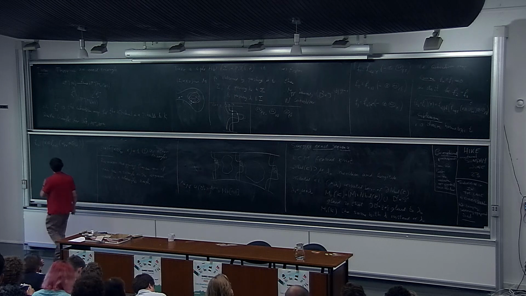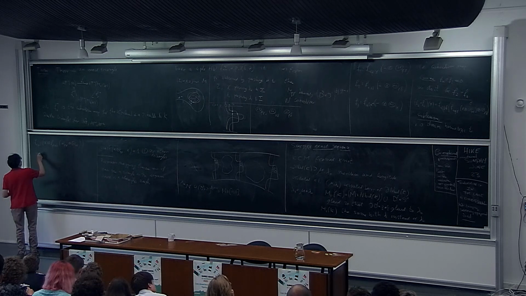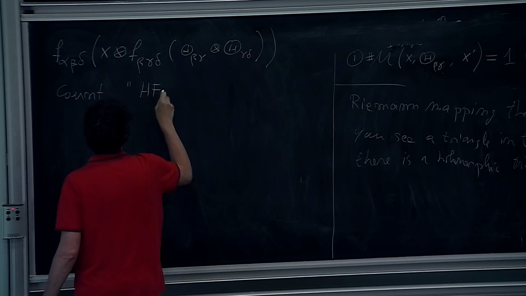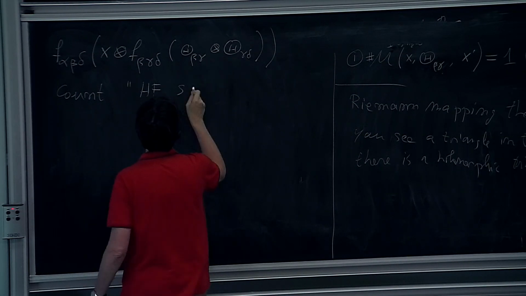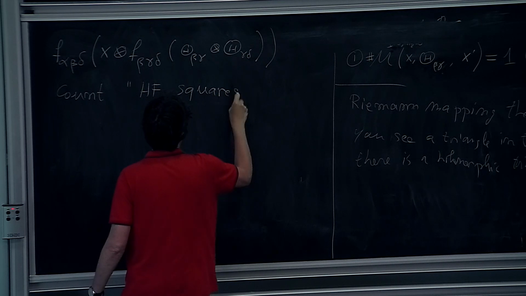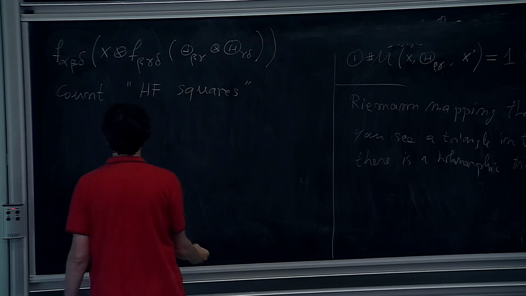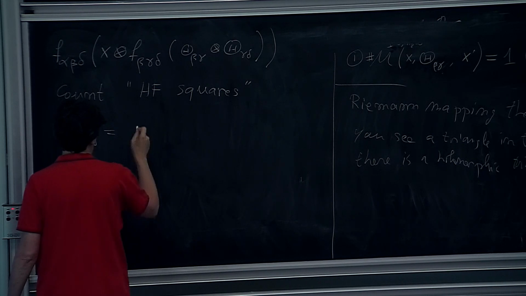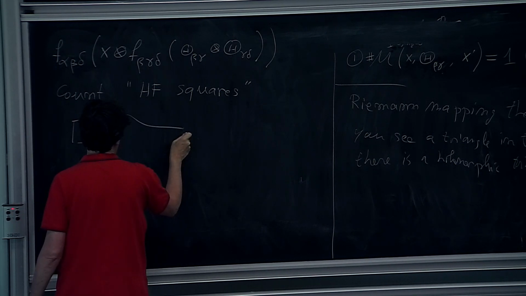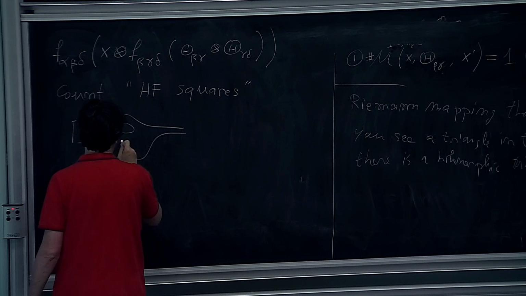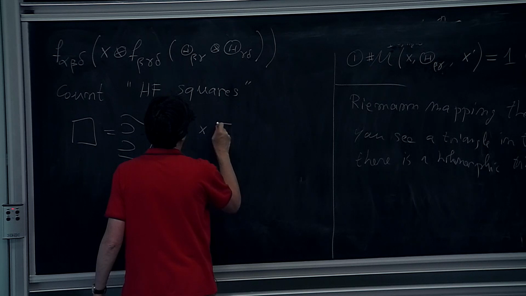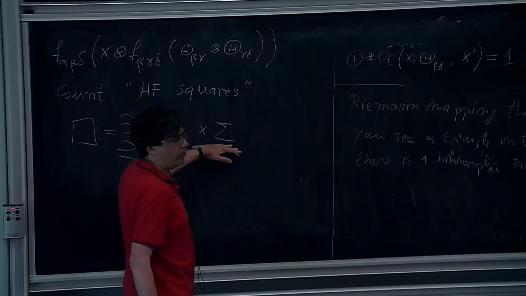But you do this by counting holomorphic Heegaard-Floer squares. We define a square, written with strip-like ends. We multiply by our surface.